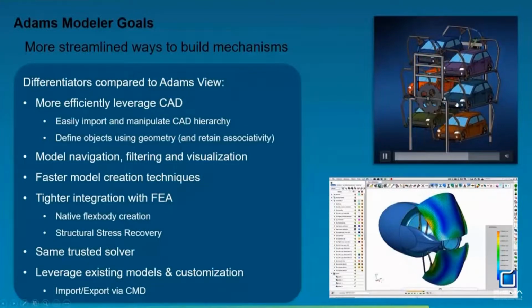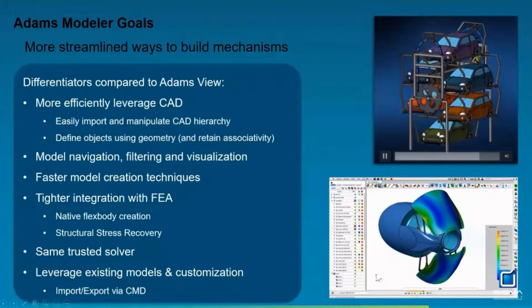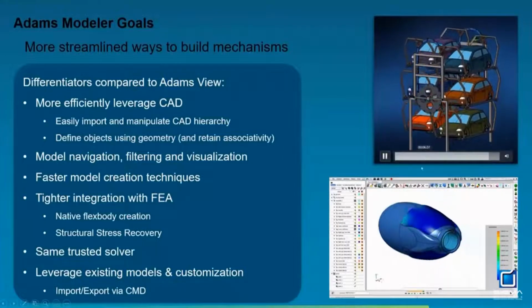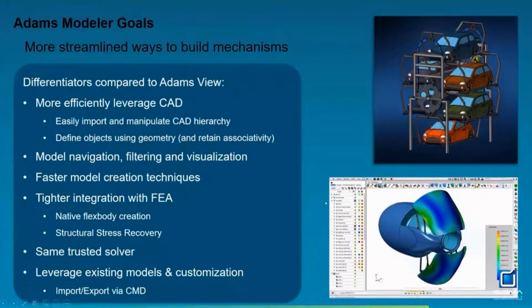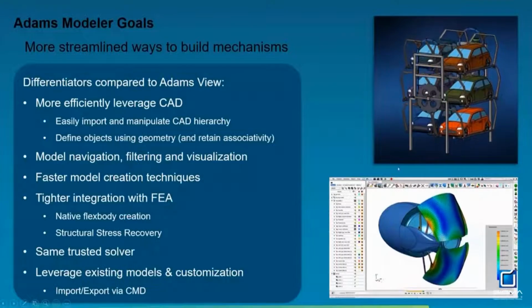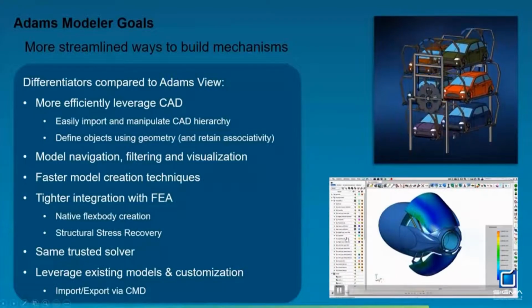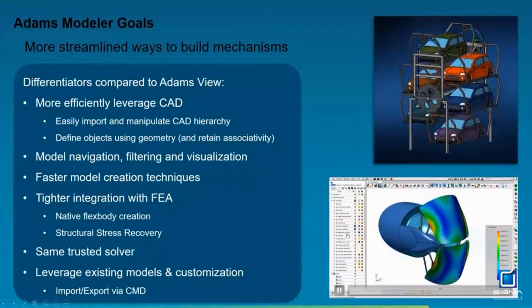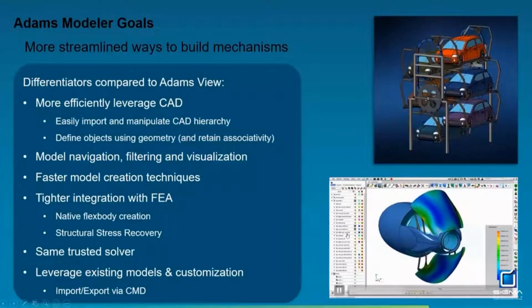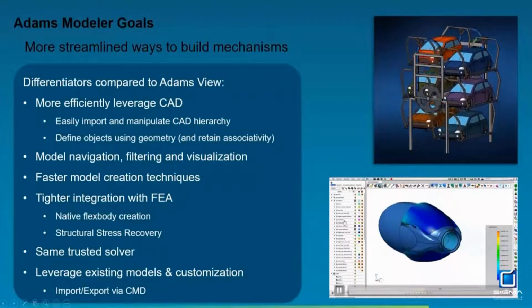So we focused in the Apex platform to bring in CAD data, manipulating and leveraging it to make mechanism design a lot easier. Second, it was to make a single tree visualization. You can see here, single tree visualization to search, navigate, filter, and manipulate conveniently.